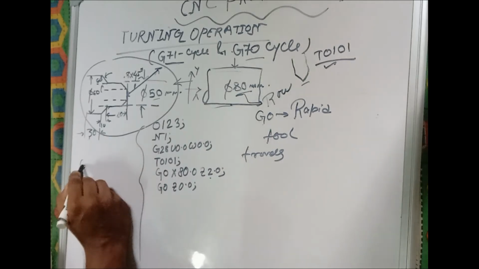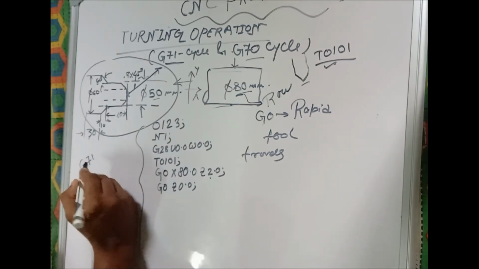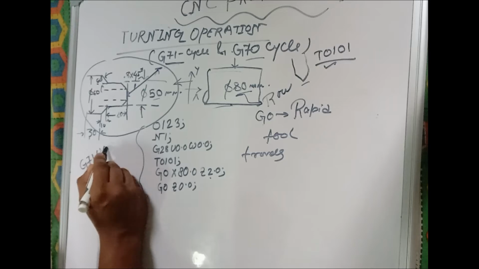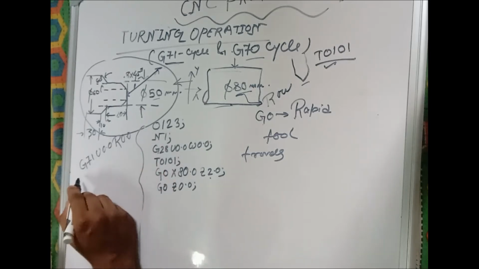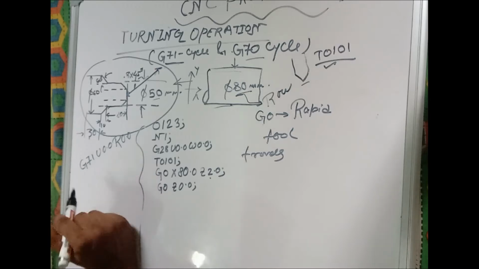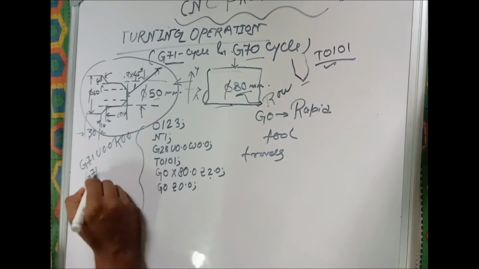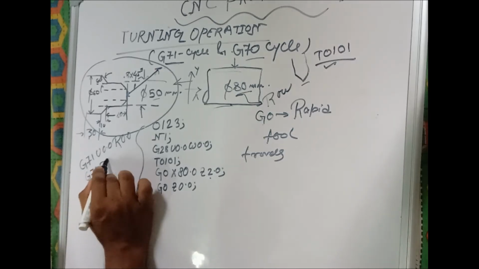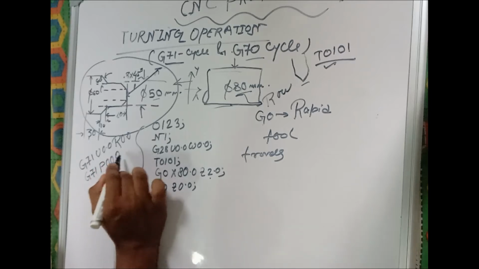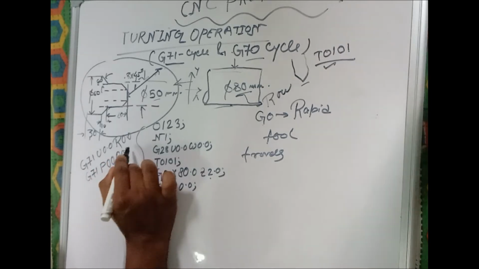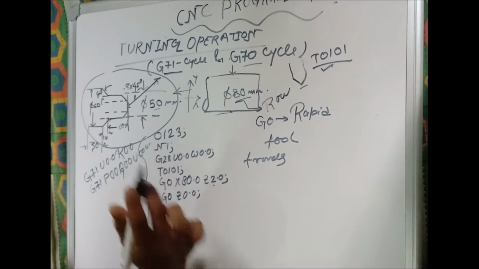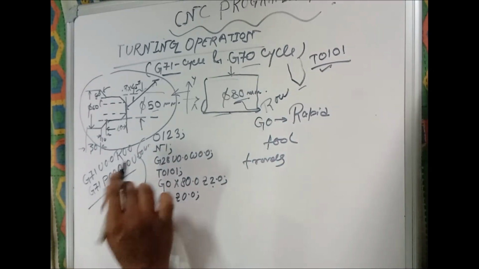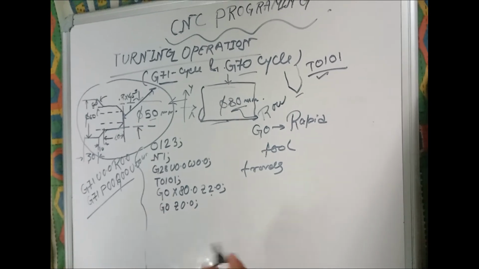G71 is the nomenclature: G71 U, the value will be written here, then G71 P Q U W0.2. At first I will write the program, after that I will discuss it.